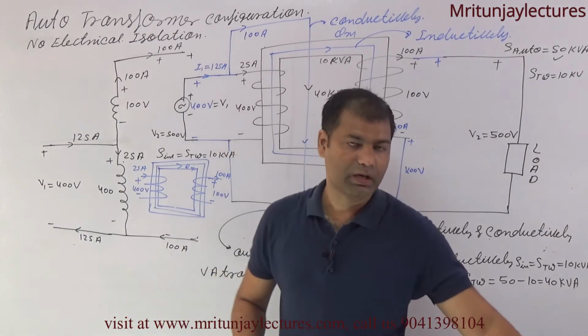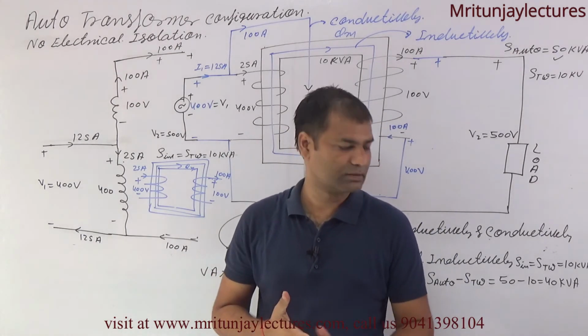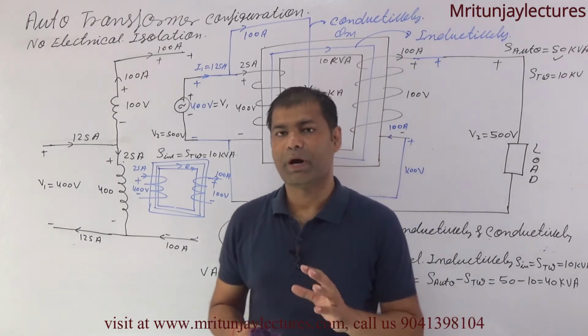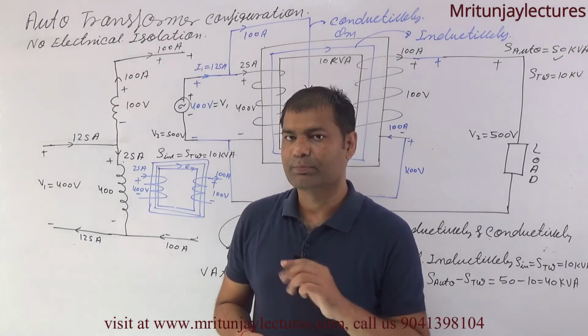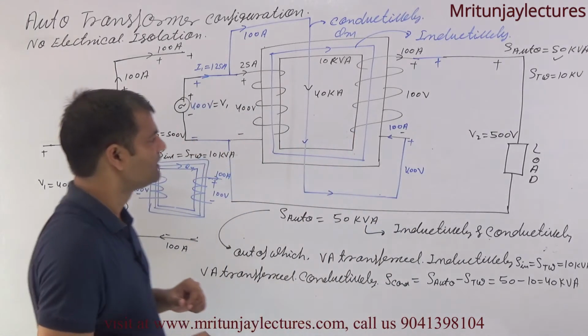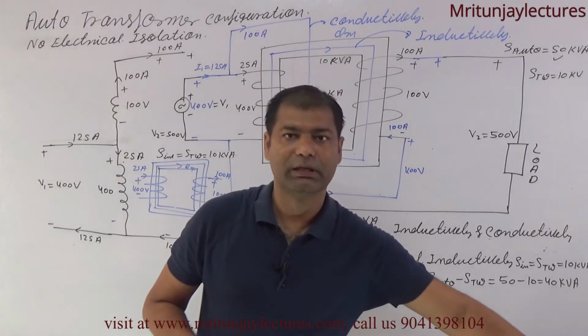Now second, another way, our focus: what are the efficiency and the power loss? Power loss means iron loss and copper loss. We have discussed in a two winding transformer, are iron loss and copper loss the same or different?